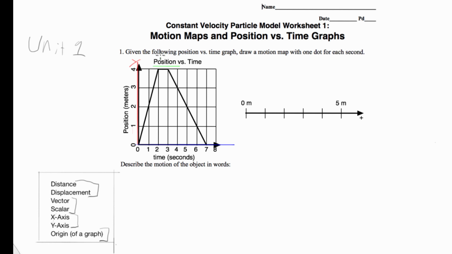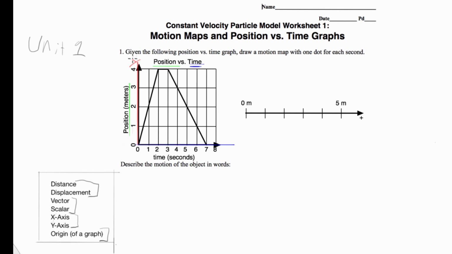Position is on the y-axis, so I will put a green line here. Position is on the y-axis. And it's a position versus time graph, and we'll see that time is on the x-axis, so I'll make a little blue color there. If that was painfully boring to hear, well, it's over now. If not, maybe that was helpful.